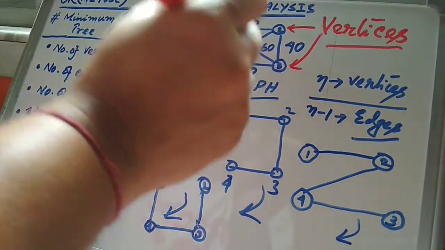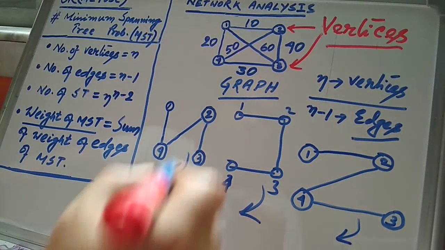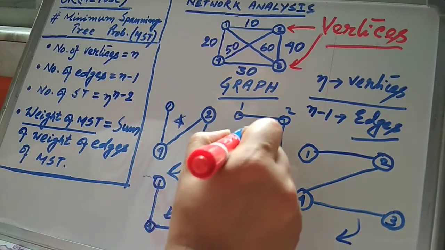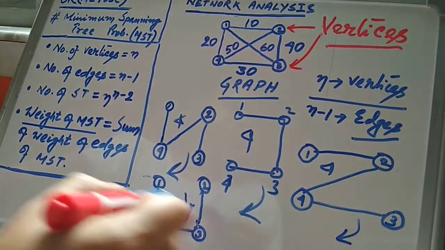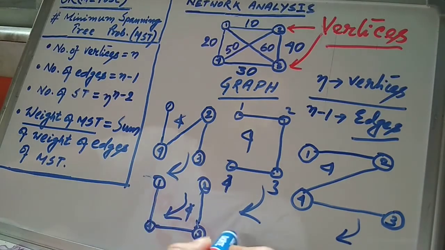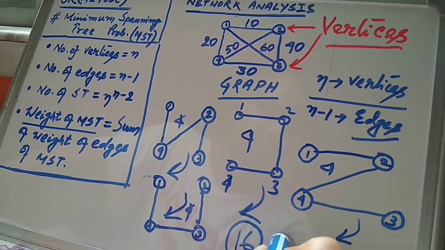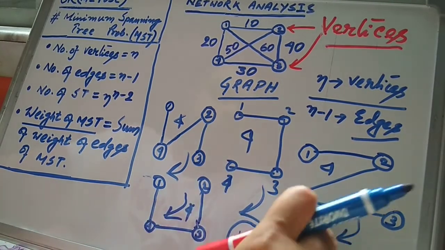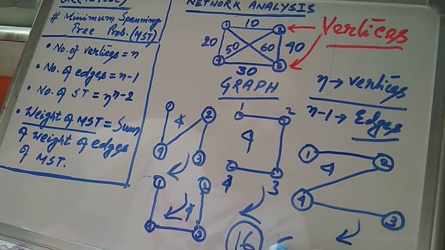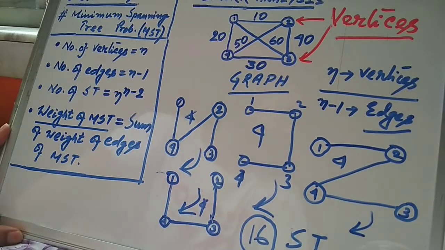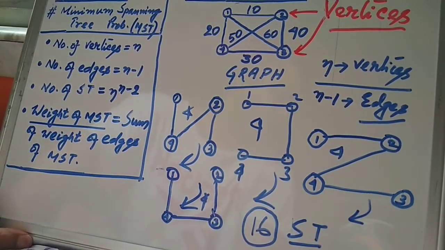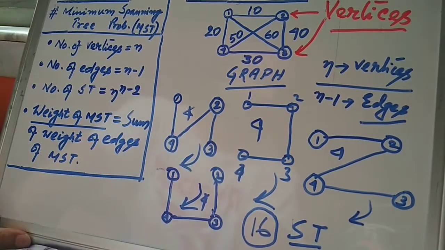So from this particular network we can conclude that 4 plus 4 plus 4 plus 4, that is 16 possible spanning trees are coming out from this particular network, but I don't know which one is going to be the smallest one.